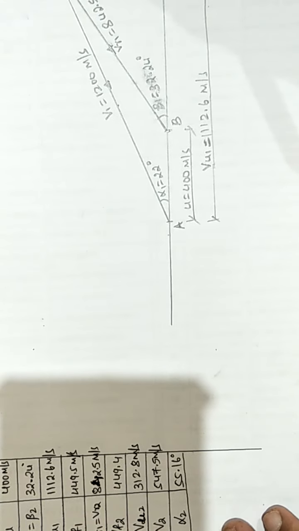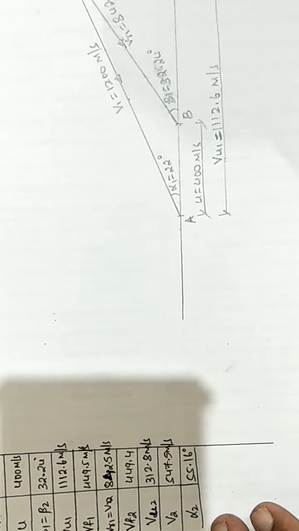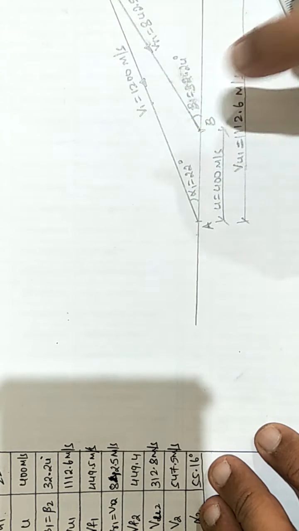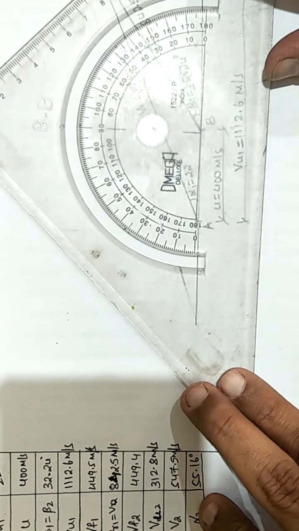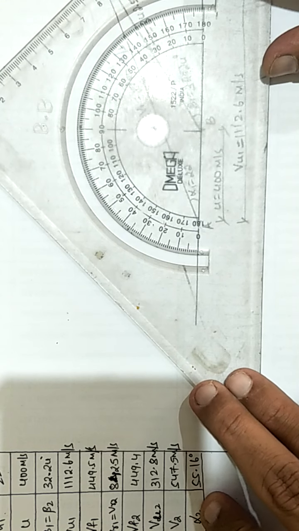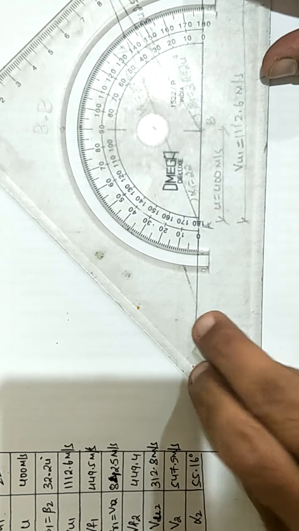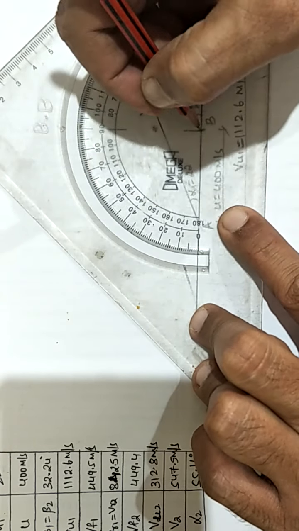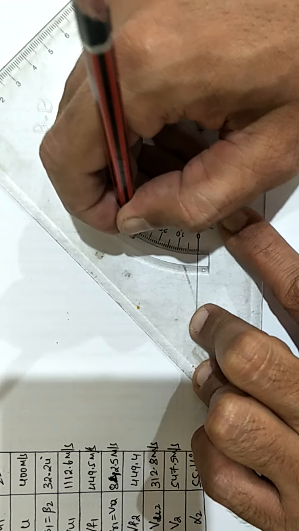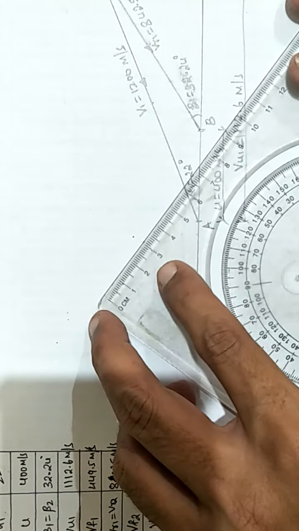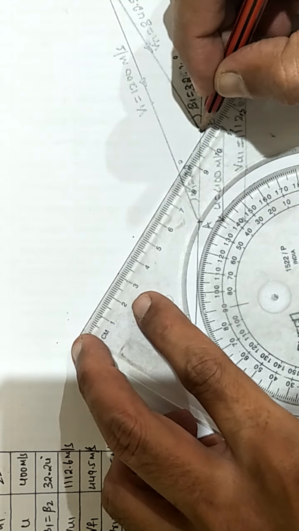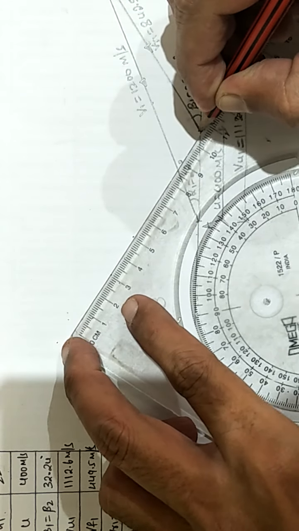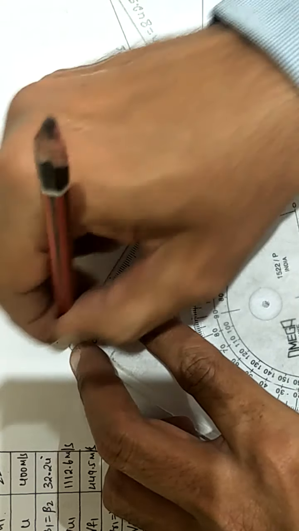Okay, so now I will proceed with the exit velocity triangle. Since beta 1 is equal to beta 2, from point B draw a line at an angle of 32.24 degrees, and the length of this is again the same as VR1, because VR1 is equal to VR2 here.